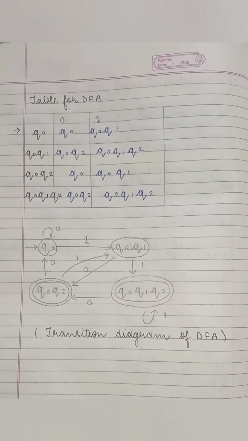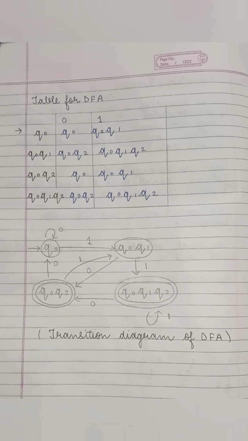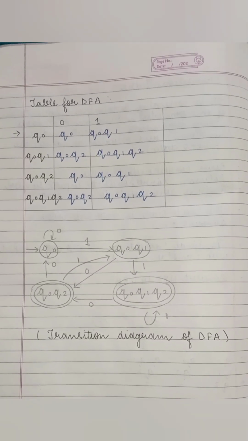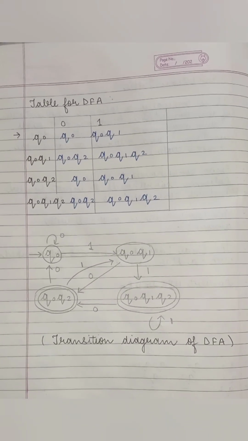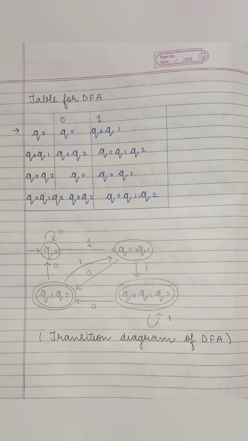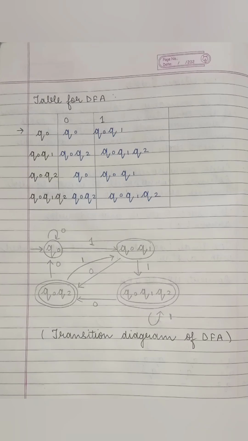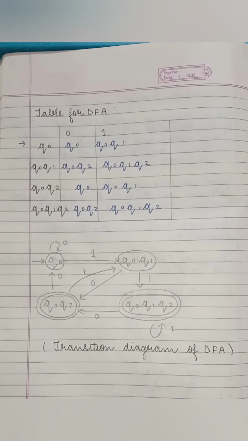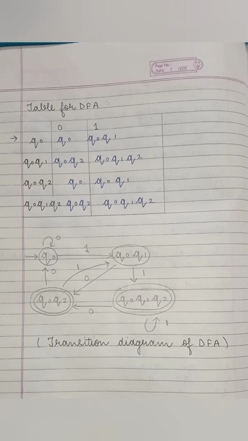Now from the table we can see that in DFA we have 4 states which are Q0, Q0Q1, Q0Q2, Q0Q1Q2. Now representing this table in form of a transition diagram, we can make Q0, Q0Q1, Q0Q2 and Q0Q1Q2. Here Q0 is the initial state and Q0Q2 and Q0Q1Q2 are the final or accepting states.